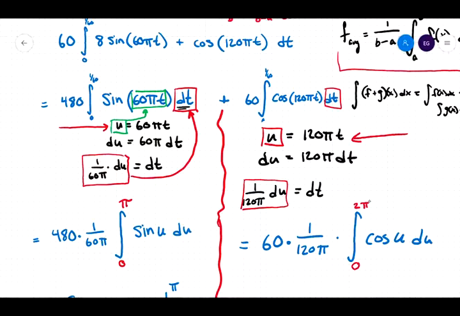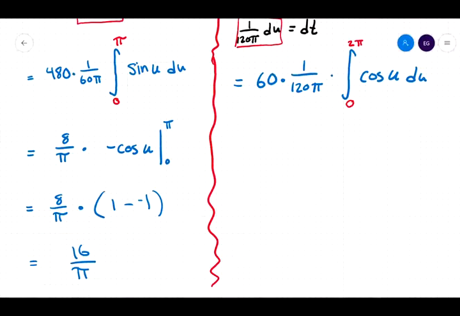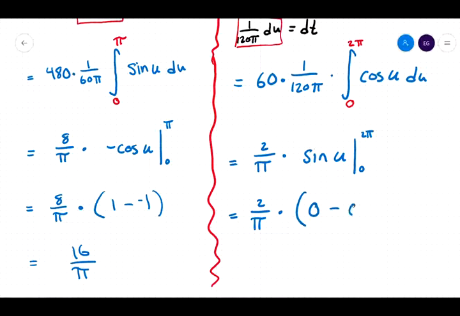Okay, so we have our limits of integration, we have our substitution, so now let's evaluate this definite integral. 60 times 1 over 120 pi is 2 over pi times the antiderivative of cosine, which is the sine of u, evaluated from 0 to 2 pi. Which would be 2 over pi times, the sine of 2 pi is 0, the sine of 0 is 0, so we have 2 over pi times 0, or just 0.